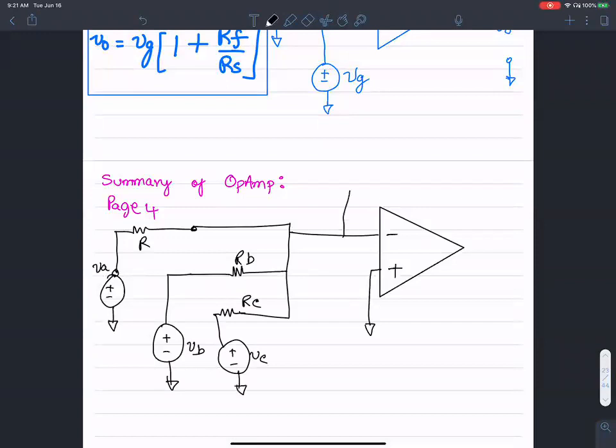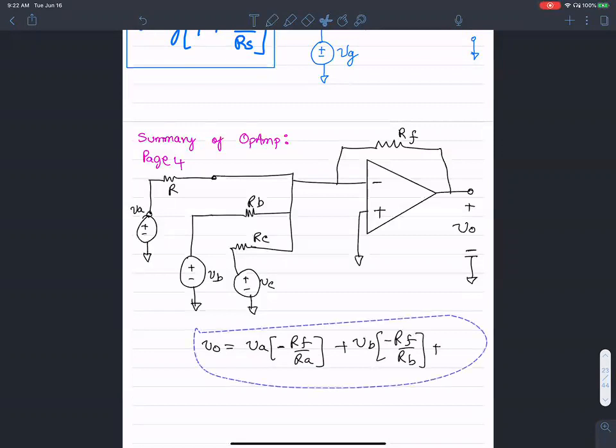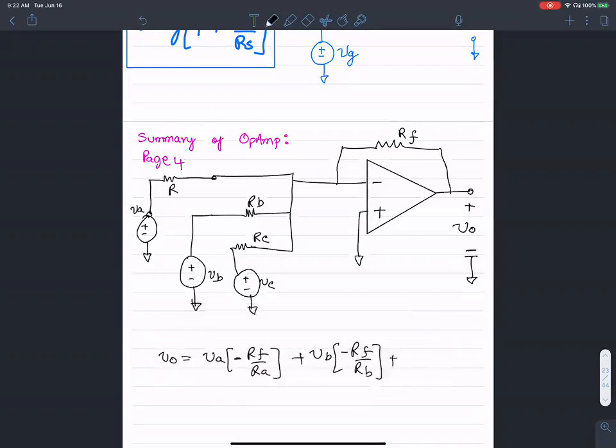In this case, there is still an inverting configuration with negative feedback RF. This guy is V out, that's VO.